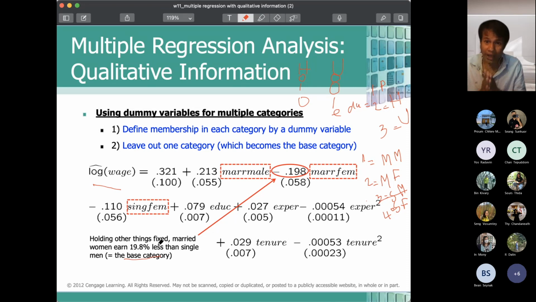All right. So a variable with 4 categories only includes 3 dummies in your regressions. So the rule is very simple. The number of categories minus 1. This is the number of dummy variables that you should include in your model.